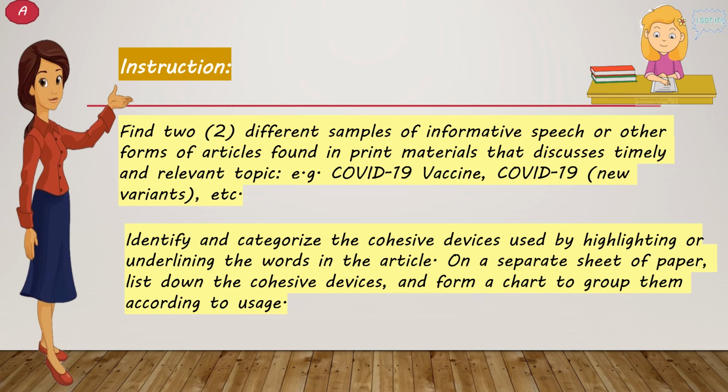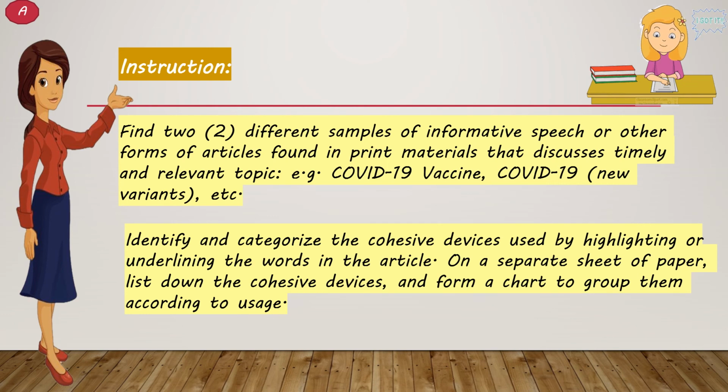Here are examples of informative speech or other forms of articles found in print materials that discuss timely and relevant topics. Example: COVID-19 vaccine, COVID-19 new variants, etc. And you are going to identify and categorize the cohesive devices used by highlighting or underlining the phrases in the article.